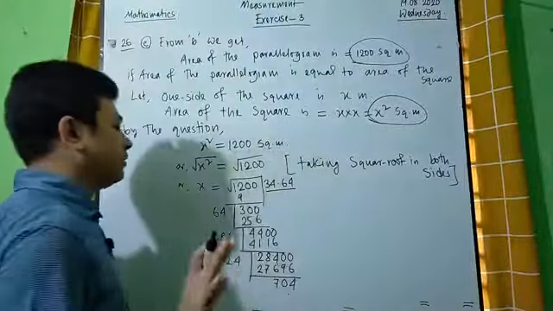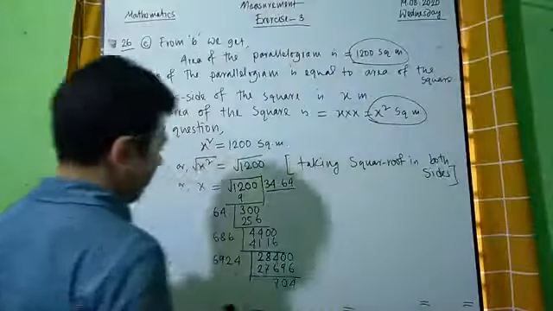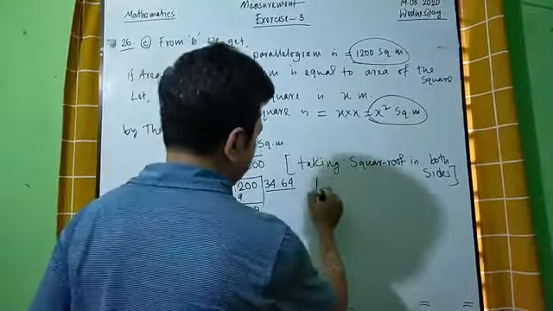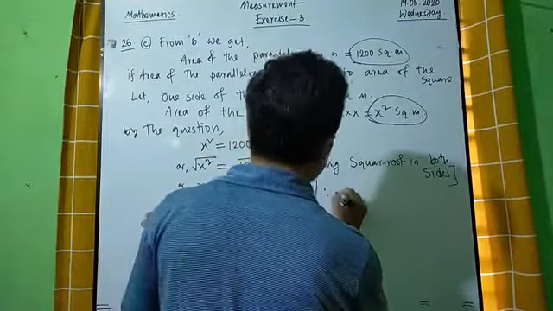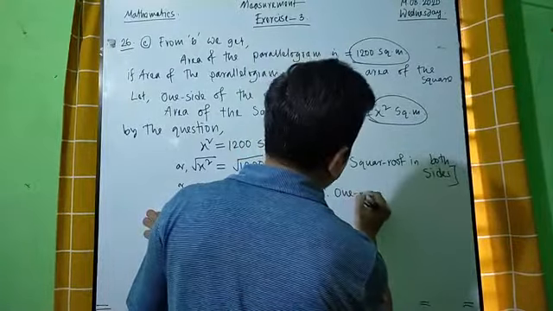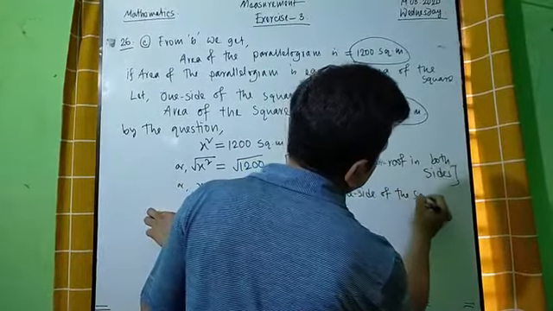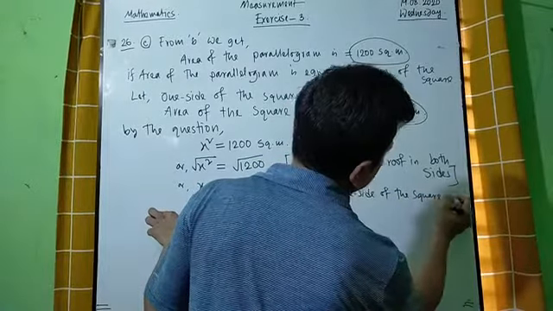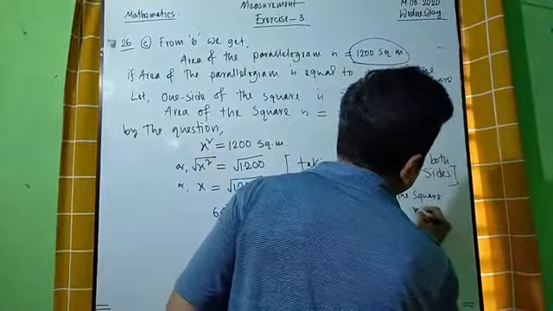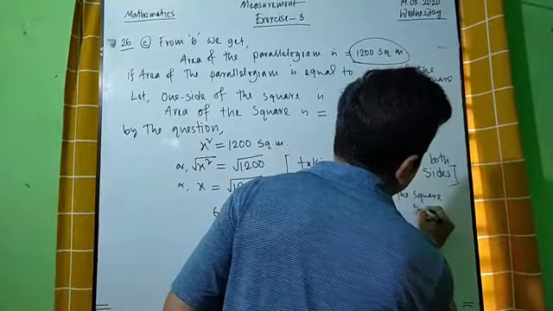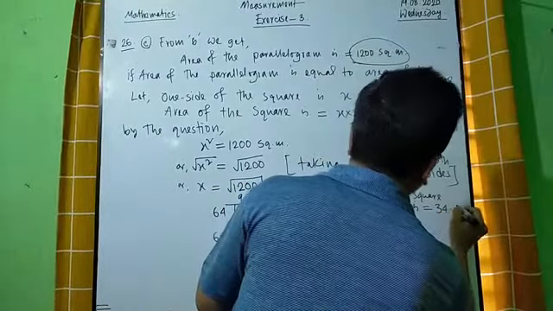It's okay for us. So we can write here, therefore one side of the square is equal to 34.64.